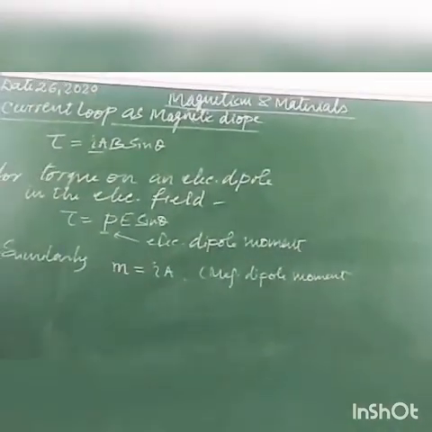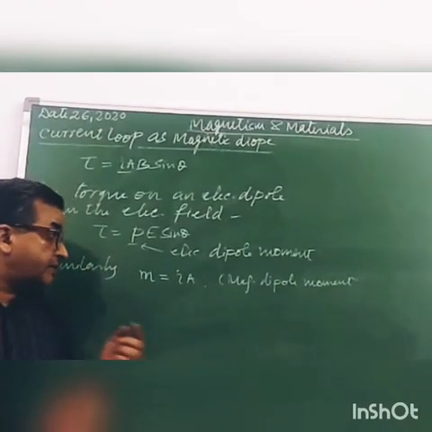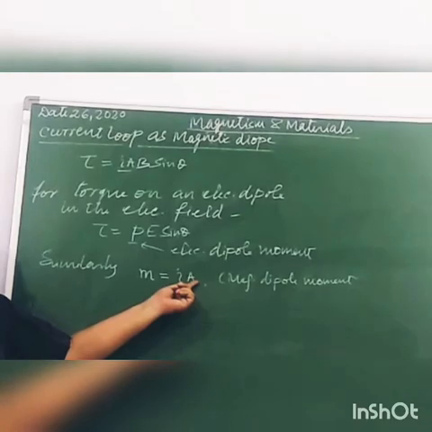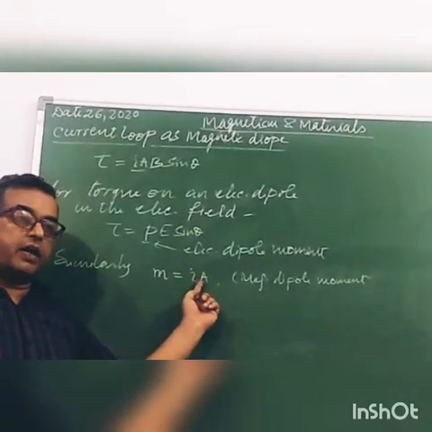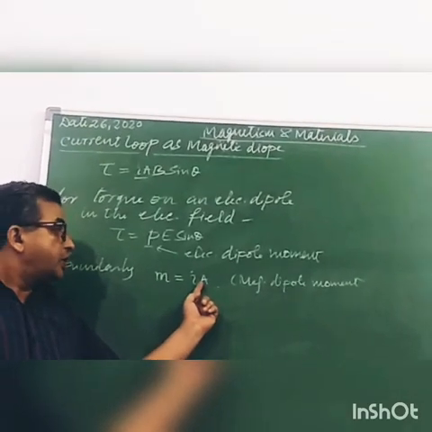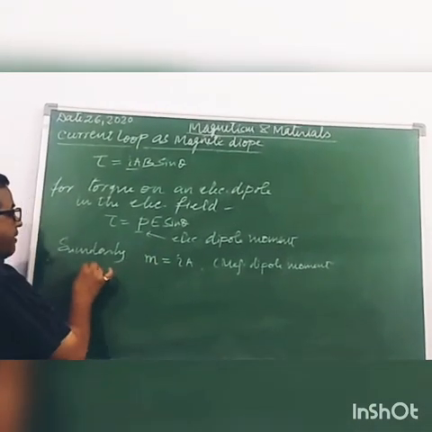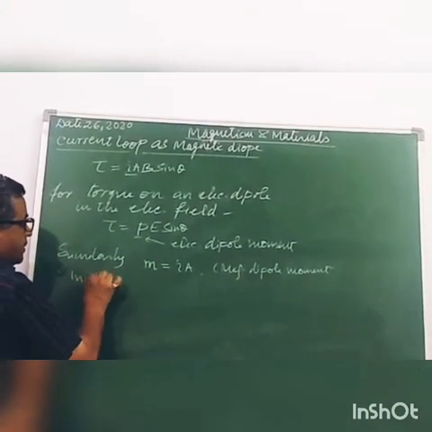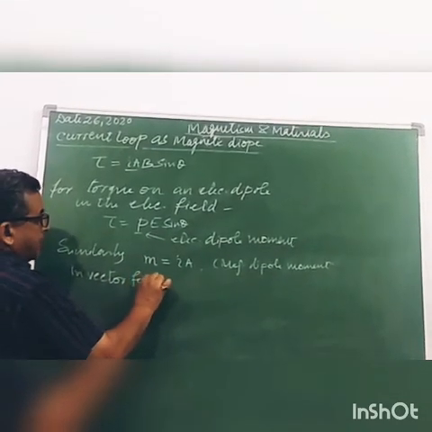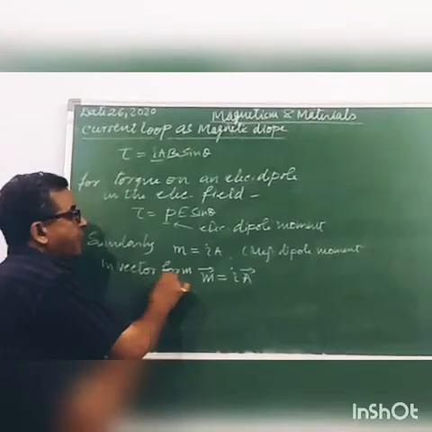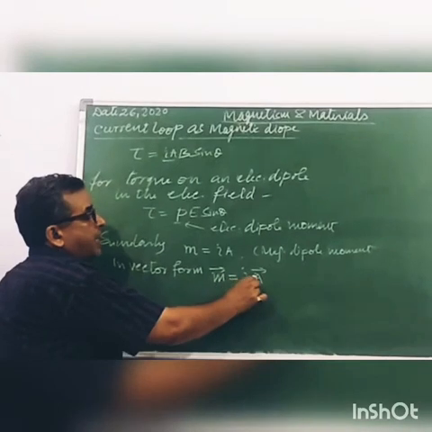This magnetic dipole moment is a vector quantity, and its direction is as per the area of the loop. So it is perpendicular to the plane of the loop, so the direction will be the same. We can express it in vector form as M equals IA.